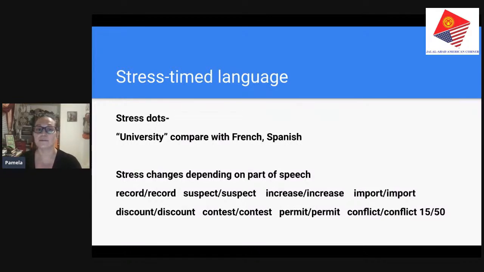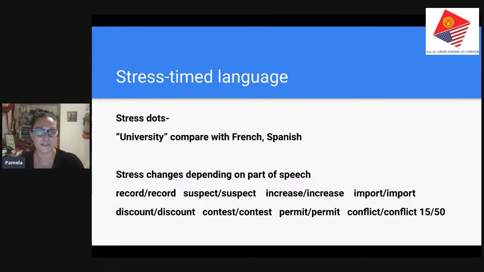The same with suspect. If the stress is on the first syllable, it's the noun, suspect. Suspect, that's the verb. Increase, increase. Same thing. Import, import. Discount, discount. Contest, contest. Permit, permit. Conflict, conflict.